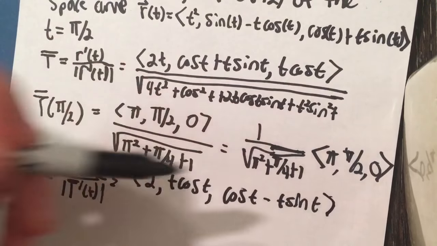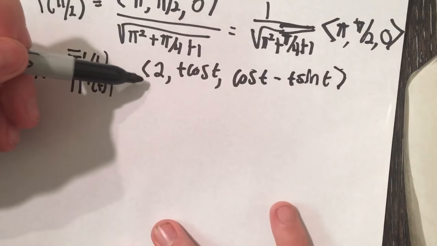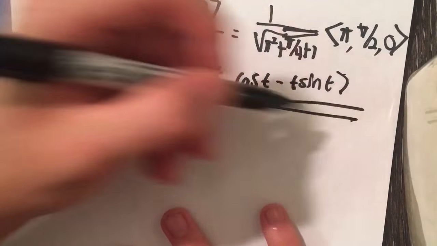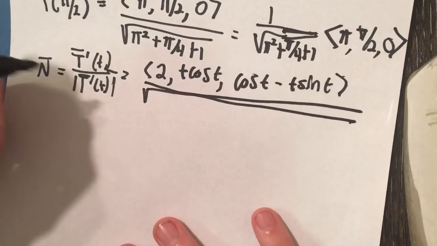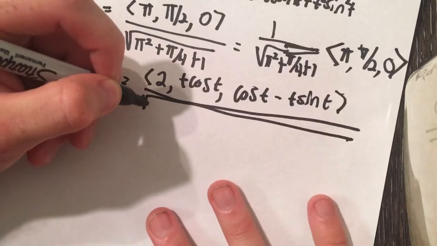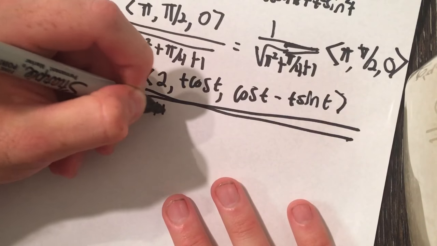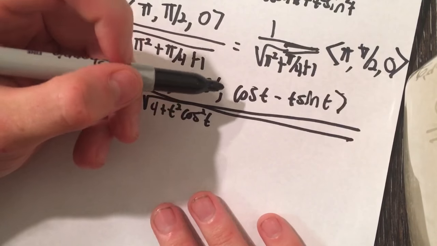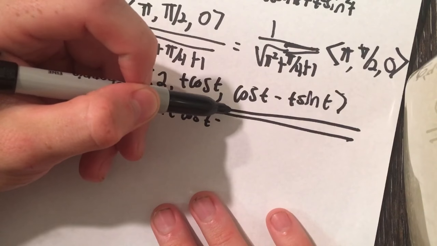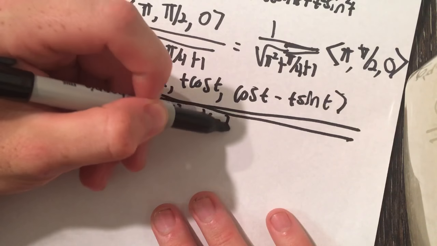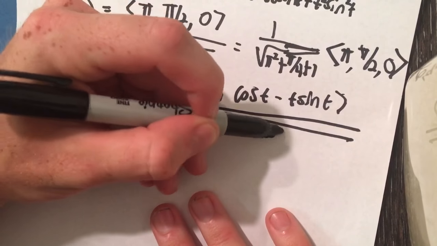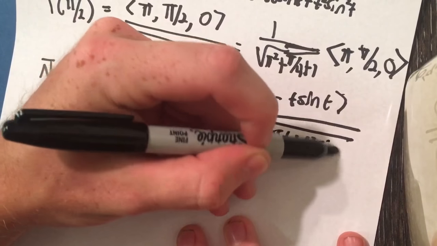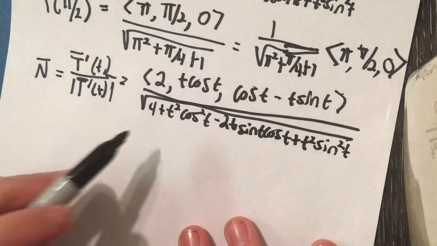All right, and that is the numerator of the unit normal vector. Now, the magnitude of this would also be a very messy equation, but I'll write it out. 4 plus t squared cosine squared t minus 2t sine t cosine t plus t squared sine squared t. All right, and that's the magnitude.